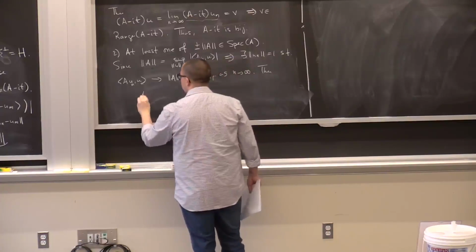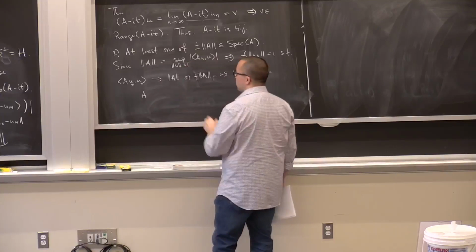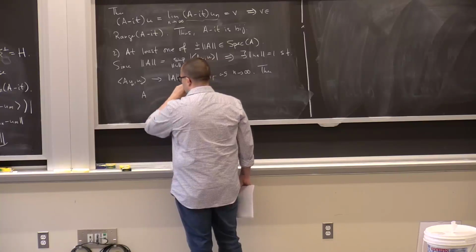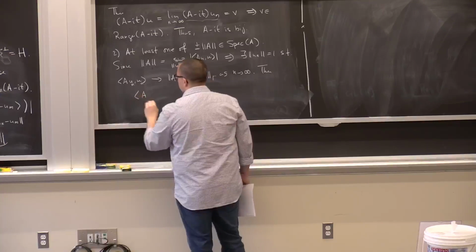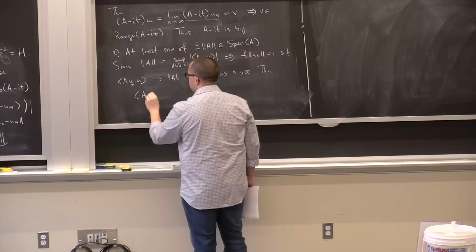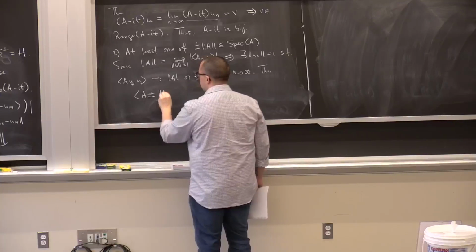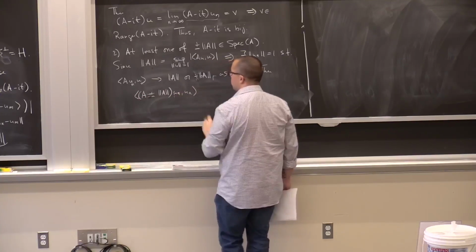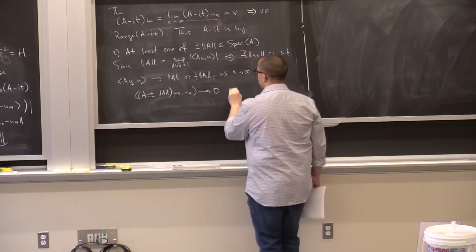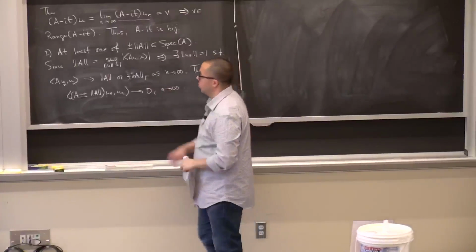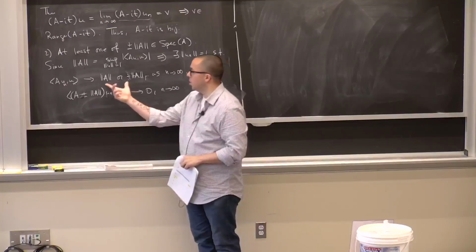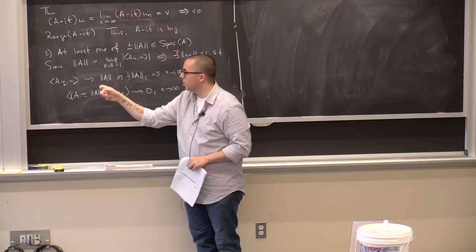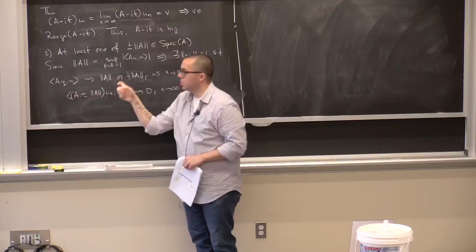Then this implies that for at least one of these choices, the inner product of A plus or minus norm of A applied to un with un converges to 0 as n goes to infinity, where here the plus or minus is chosen depending on whether this goes to plus or minus the norm of A. So this sign here would be the opposite of whichever sign this sequence goes to.